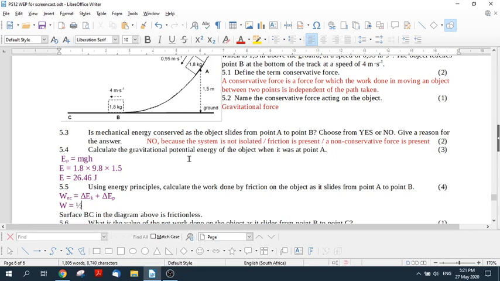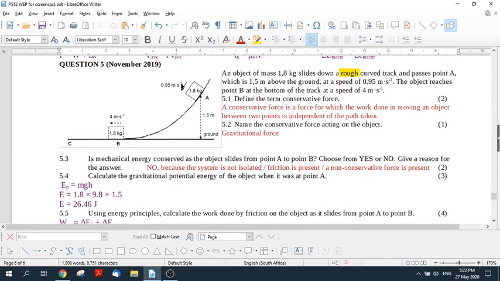So this is a half of the mass of the box, which was 1.8 kilos, times the final velocity. And now look here, this box was speeding up. So this will be 4 squared minus, what was my initial speed?